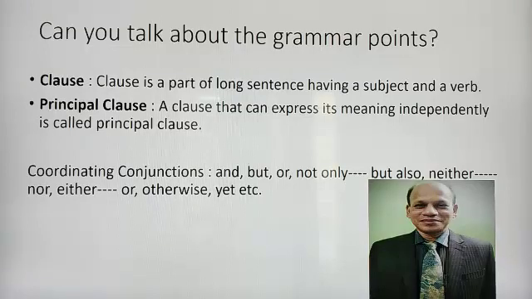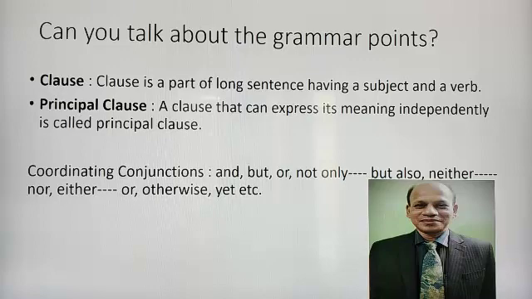Clause is a part of long sentence having a subject and a verb. A subject must be there and a verb must be there in the clause. And then principal clause. A clause that can express its meaning clearly, independently, without depending on others, is called principal clause. It should be independent.